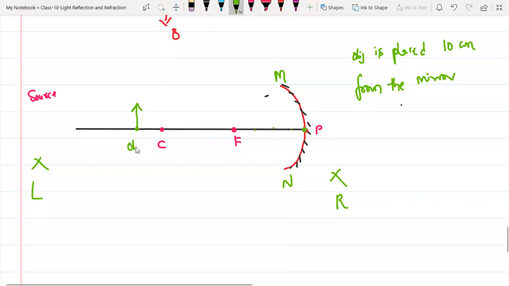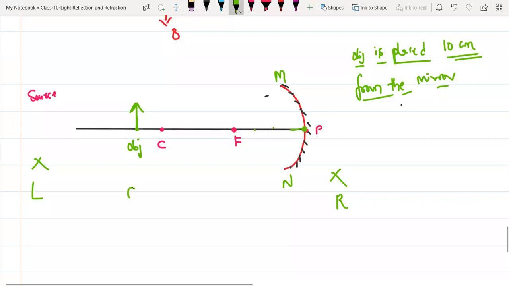Now, try to understand the definition of that line: the object is placed 10 centimeter from the mirror. So from the mirror means P point is the reference point. From P, you are keeping an object here.